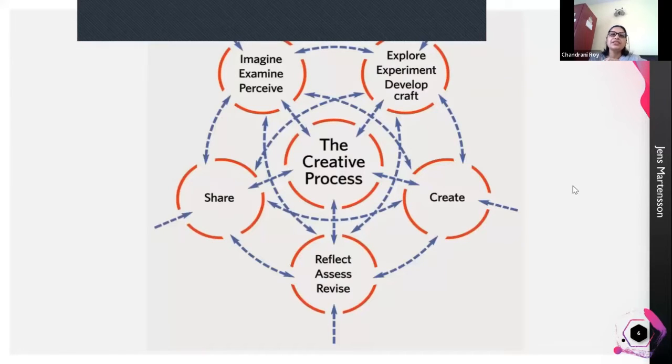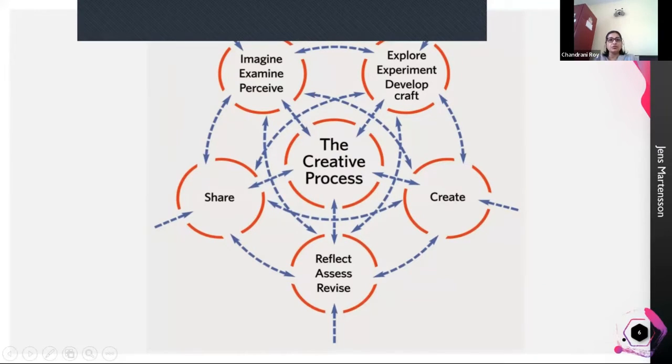So here, children are allowed to creatively pursue their ideas, where they learn to create, they learn to explore certain concepts, they experiment on it, they develop some crafts, they imagine some activities, how to present a particular concept in a creative manner, and then they share their ideas among themselves and with the teacher.